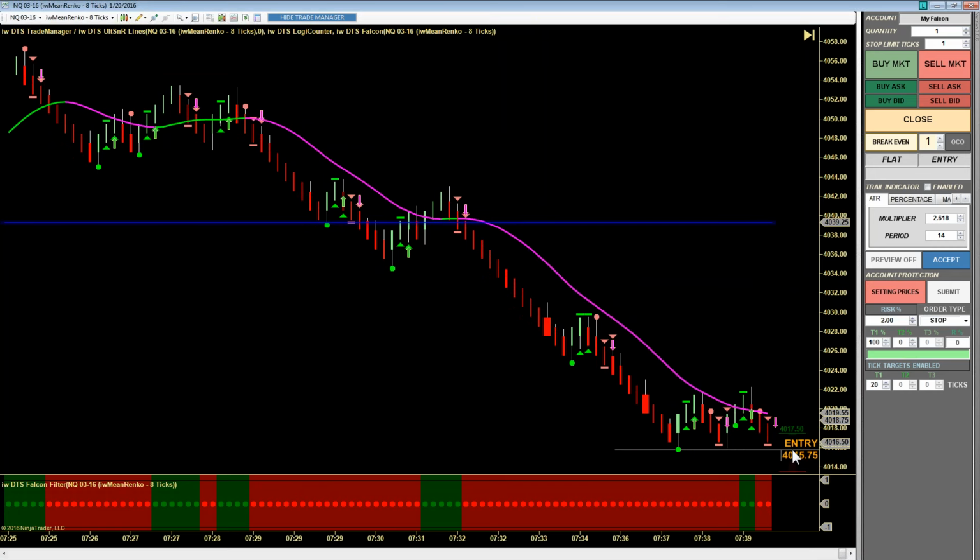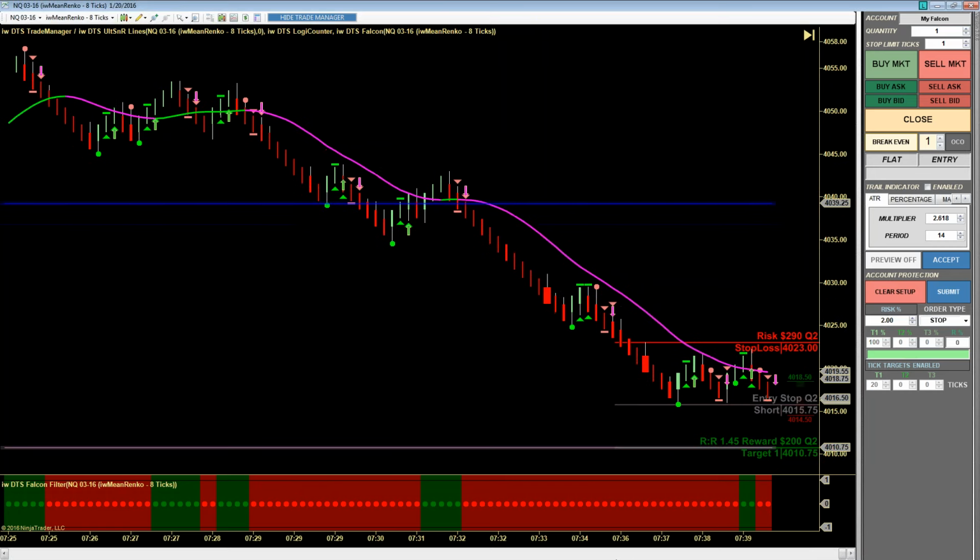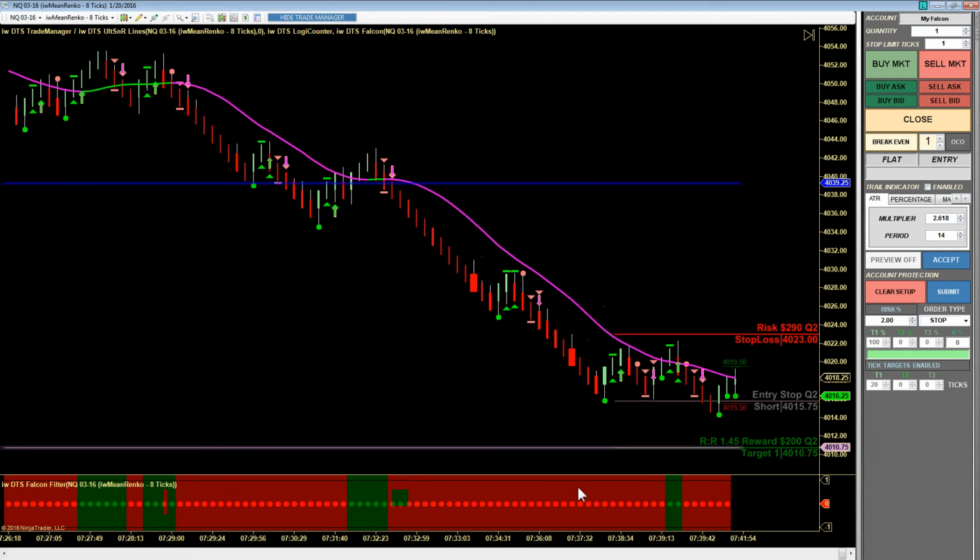So I can actually set up my trade before the signal prints, in anticipation that if that bar does close at the bottom, I know where the low of the bar will be. So very helpful little tool in that respect.